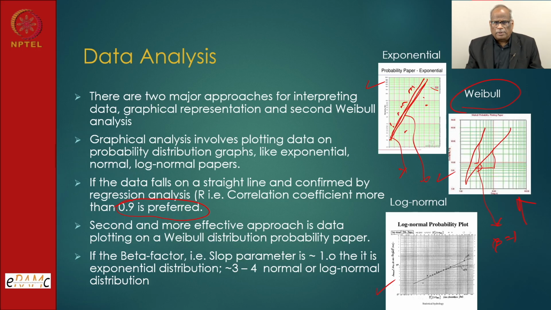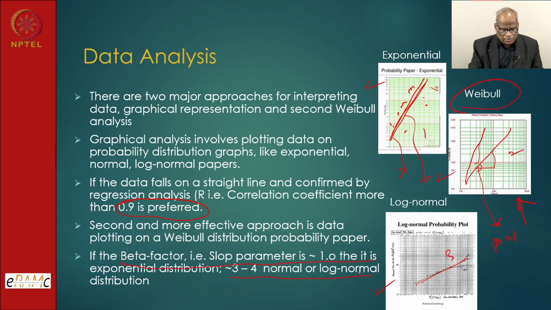So probability paper we have seen, Weibull distribution also we have seen. This is a log normal distribution, so 1, 2 and 3. These 3 distributions are used extensively in reliability engineering. If beta factor is 1, as I mentioned, this is an exponential distribution.